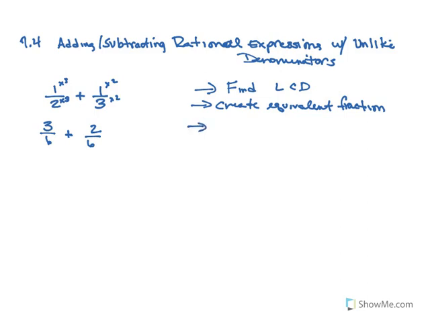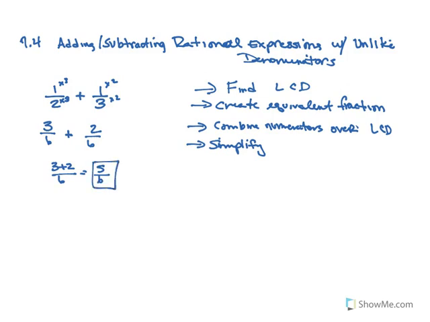Then you're going to do it just like you did in the first part of 7.3, which is what? Combine numerators over the LCD, and then you simplify. Okay, so we would do 3 plus 2 over 6, 5 over 6 is simplified as much as possible.